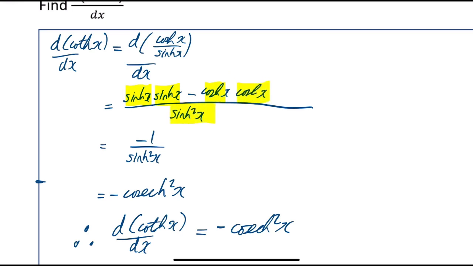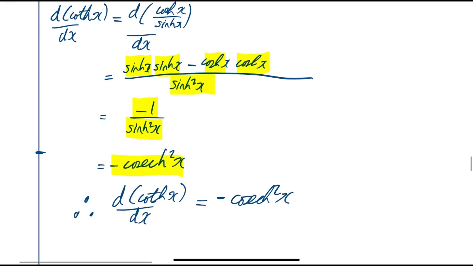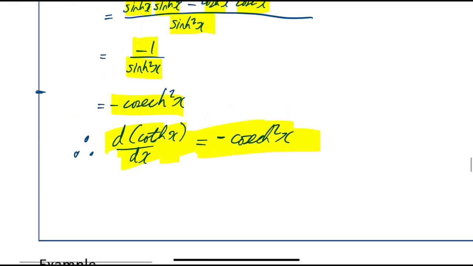And the top line is minus 1, because it should have been hyperbolic cos squared minus hyperbolic sine squared, but it's a reverse of that. So it's going to be negative 1 over hyperbolic sine squared, which is minus hyperbolic cosec squared. So if you differentiate hyperbolic cot, you get minus hyperbolic cosec squared.